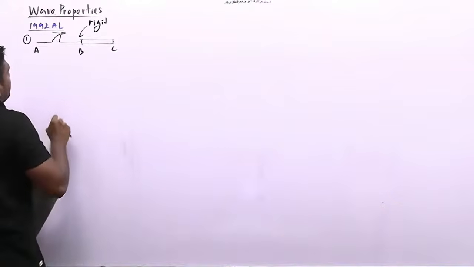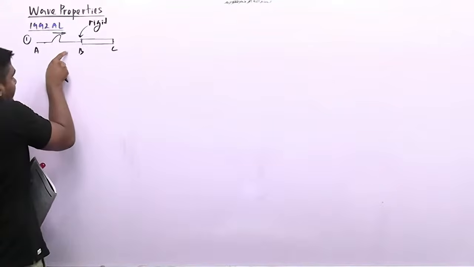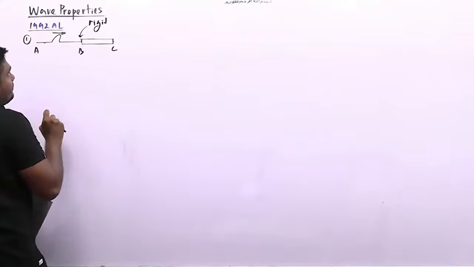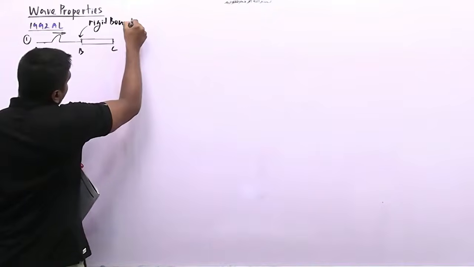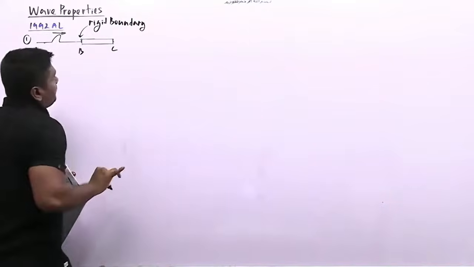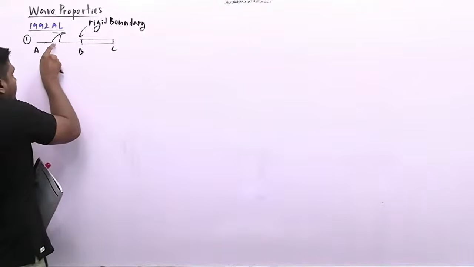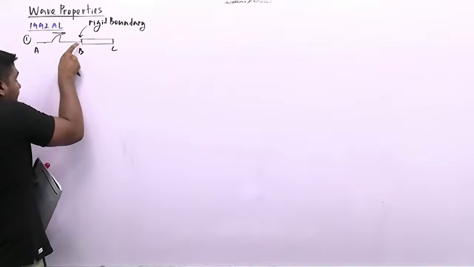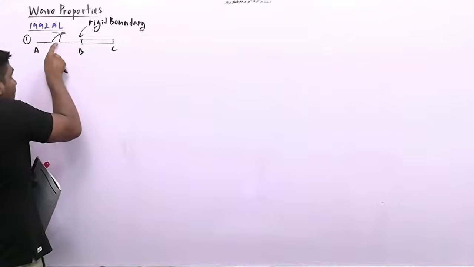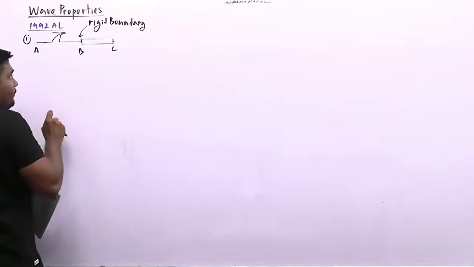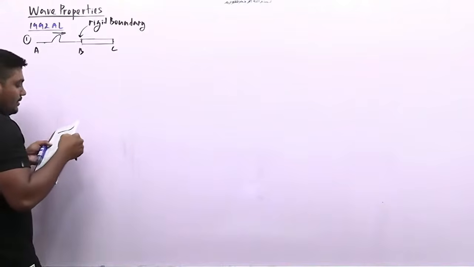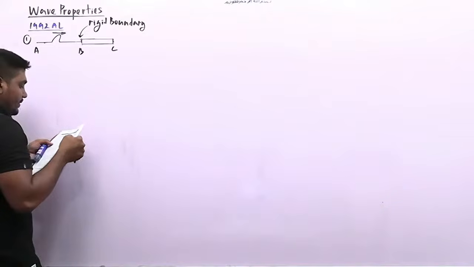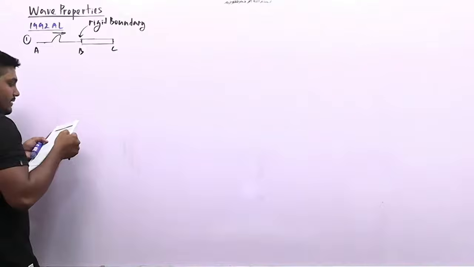The wave pulse will be completely inverted. During the reflection of this wave pulse at point capital B, at the rigid boundary, the pulse will be completely inverted, that is, the phase difference is 180 degrees. That's what we learned in theory.